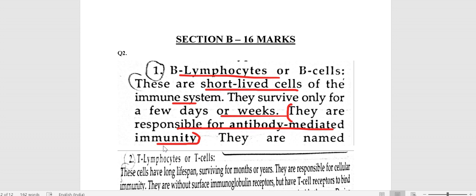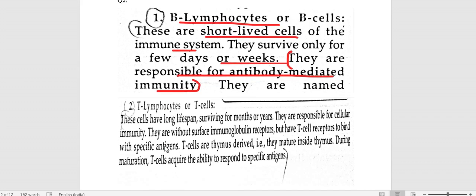They produce immunity through production of antibodies. And T cells have a long lifespan, surviving for months or years, and they are responsible for cellular immunity. You can confine your answer to this part: T cells are responsible for cellular immunity, and B cells are responsible for antibody mediated immunity.